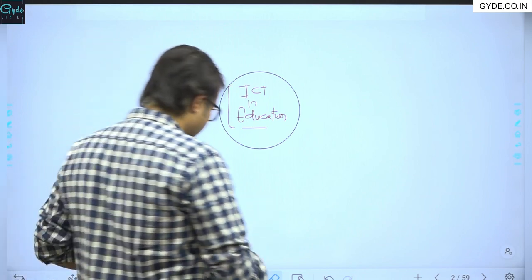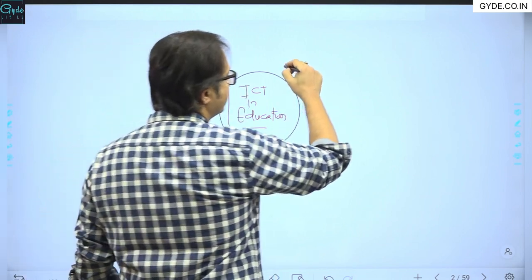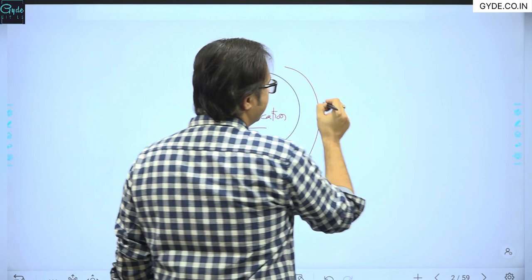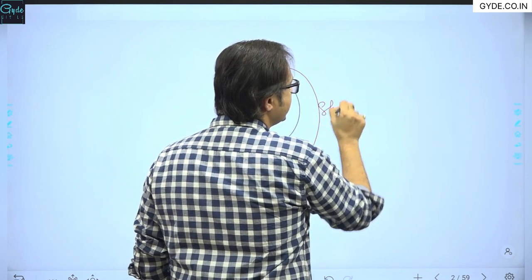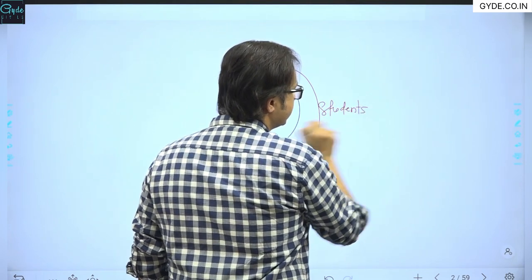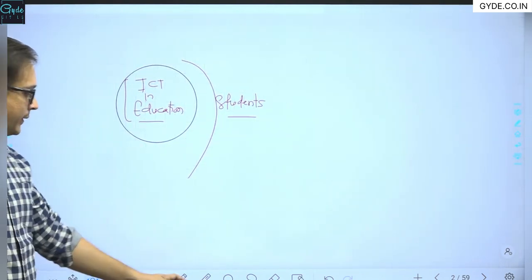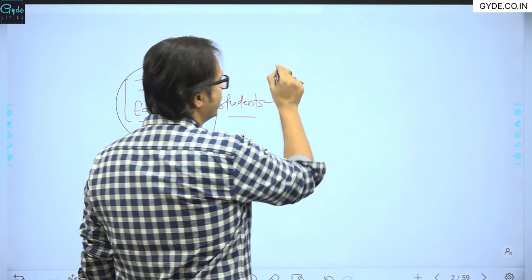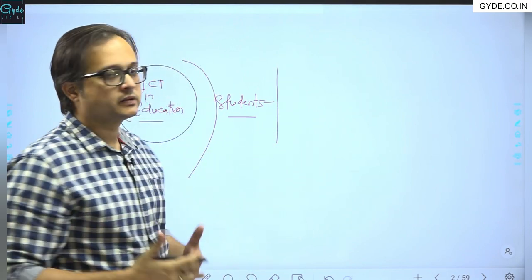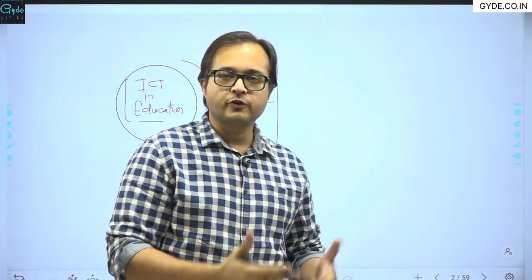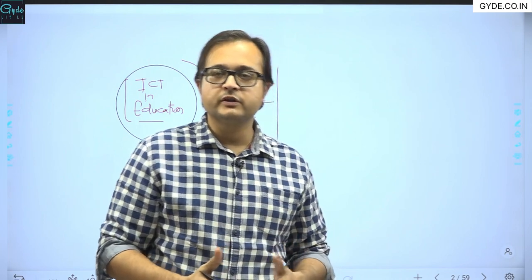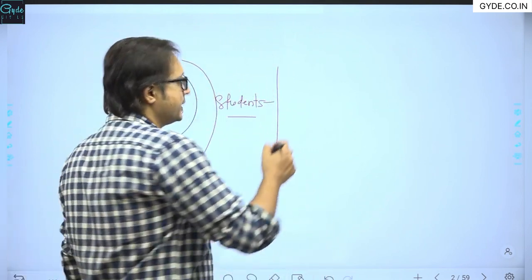First and foremost, let us look at the aspects of students with ICT, right? How ICT benefits the students, that we can look at, then the rest of the things can also be understood, right? When information and communication technology tools, computers, internet networks, software, programs, applications, are brought in, there are multiple advantages.